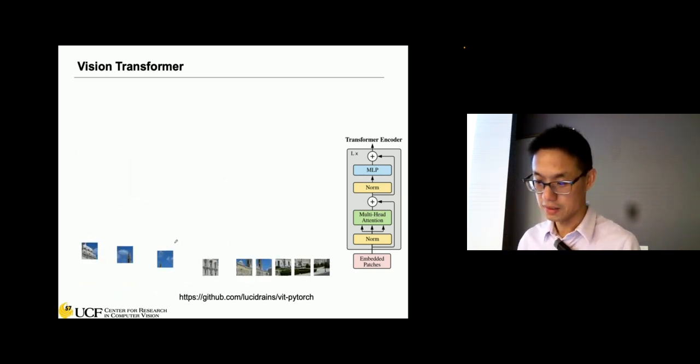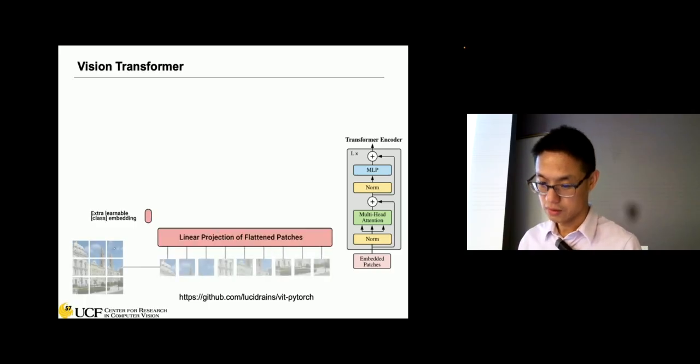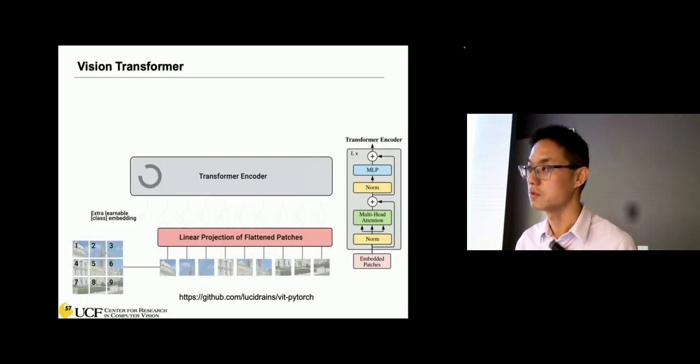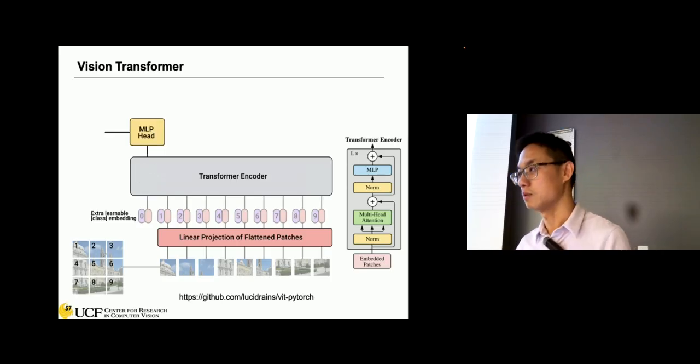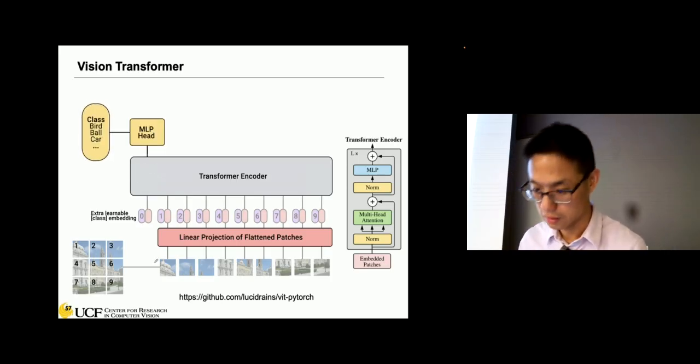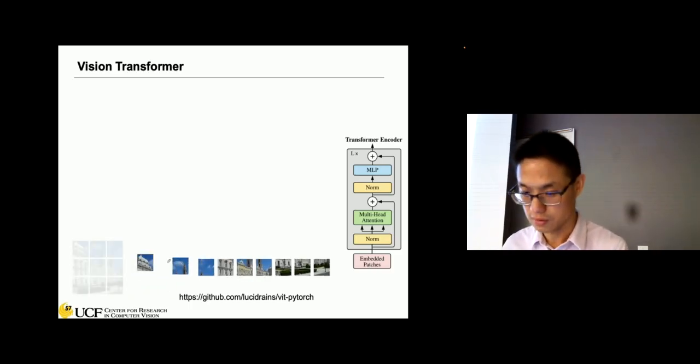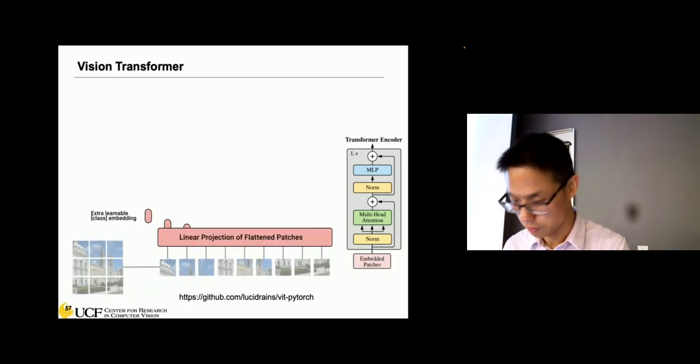But I think basically the difference is that you divide the image into a sequence of patches and consider that as a sequence. So it's kind of similar, and the later processing can be similar to the original transformer.